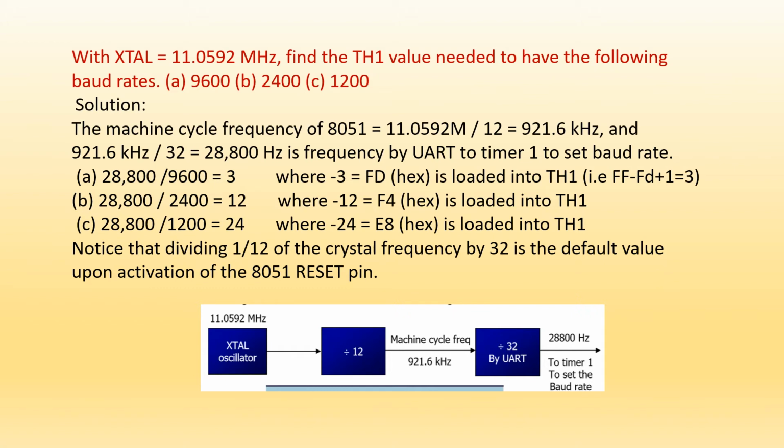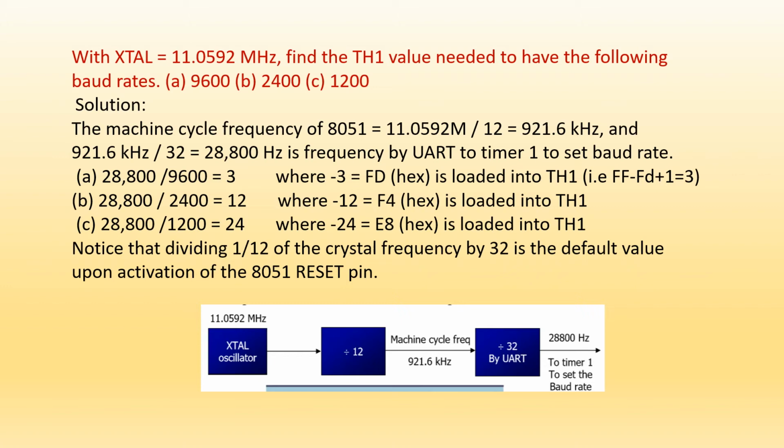Then 921.6 kilohertz is divided by 32 to get a frequency of 28,800. It is the frequency given to timer 1 to set the baud rate.